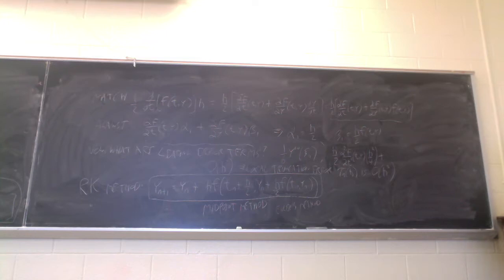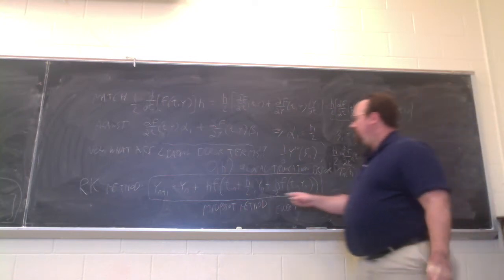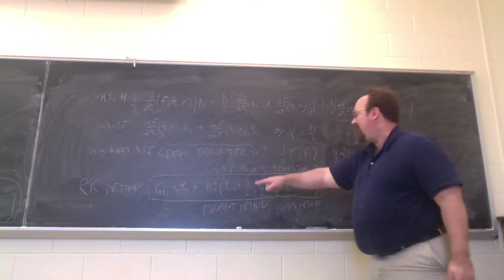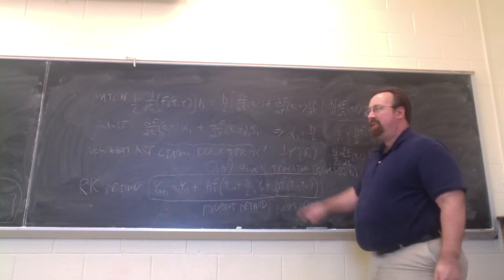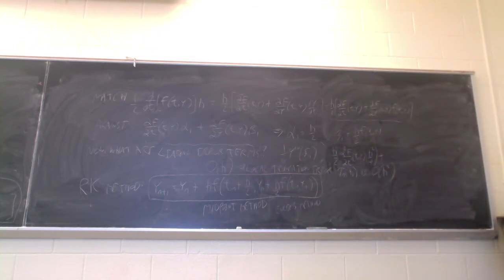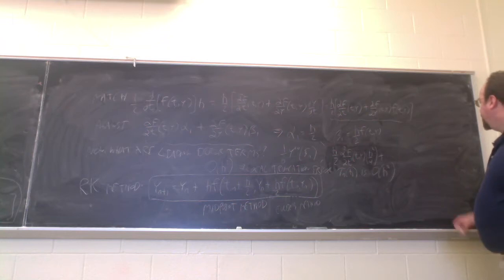So this is really one of the simplest Runge-Kutta methods you can have, because f is only evaluated once. Well, actually, we only have one evaluation of f here, but to get that, we need to evaluate f a second time.